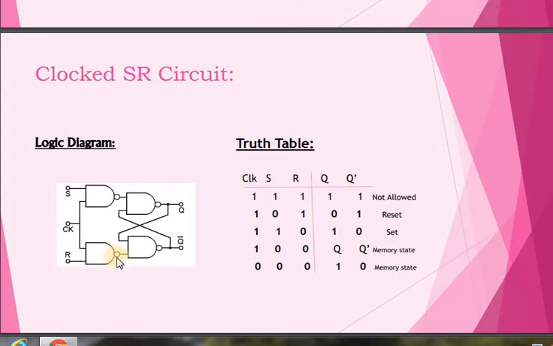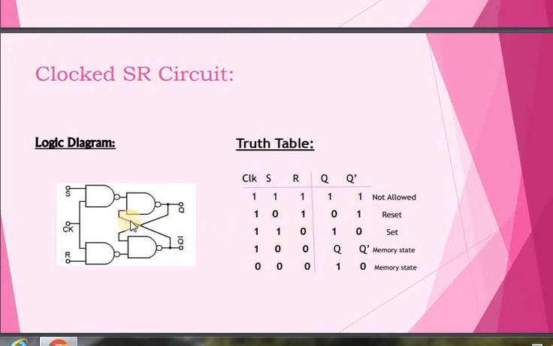So here 0, here 1. If any input of the NAND gate is 0, the output will be 1. So here 1, 1, the output will be 0 and here the output will be 1. So this is the reset mode.